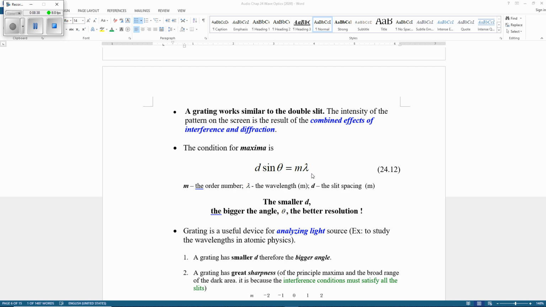So that means different colors are going to separate further away, so we have a better resolution. Smaller d, bigger angle, then better resolution. So we can study the different colors, different frequencies, for example the spectrum of the atoms.